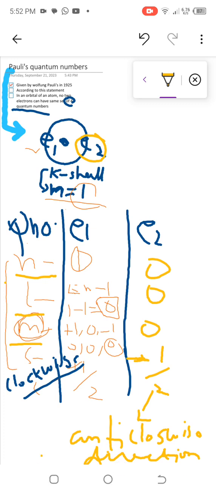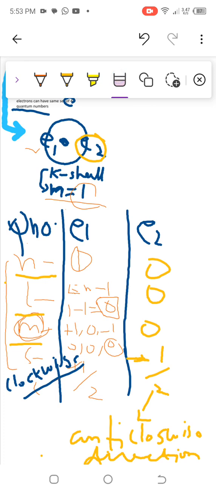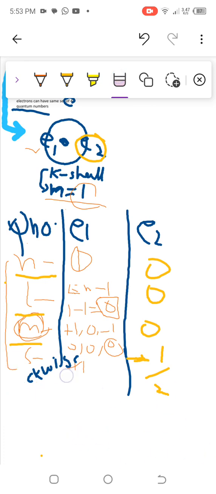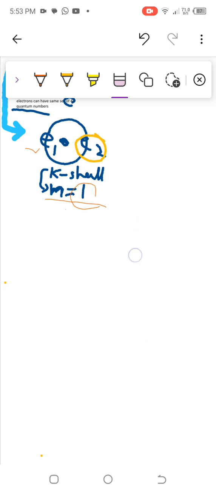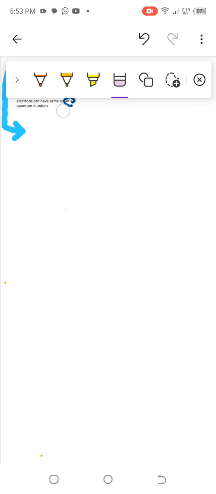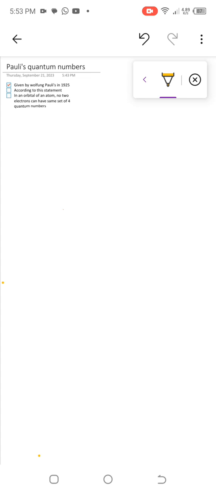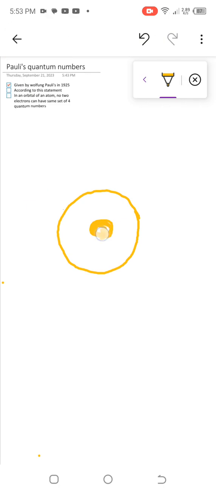So now I want to give you the concept of clockwise and anti-clockwise. Let me erase this. Suppose we have one nucleus and an electron revolving around the nucleus, these are two electrons.